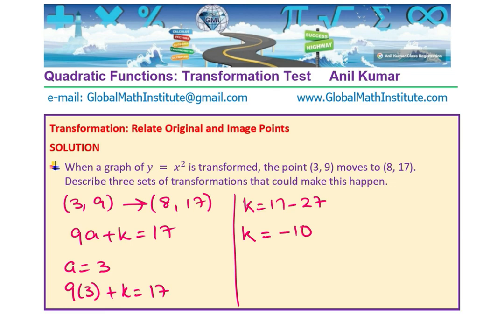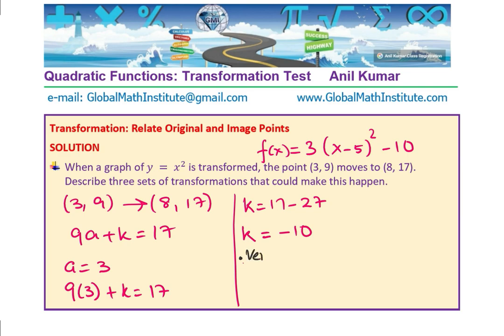So we get another answer, and that is, we can now write down that when a is 3, the function could be 3 times (x minus 5) squared minus 10. You get the idea. So when I give you the equation, you should be in a position to write down the transformation in this fashion. So what are the transformations?